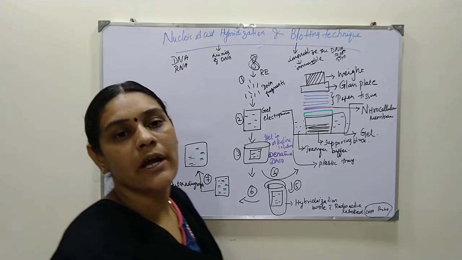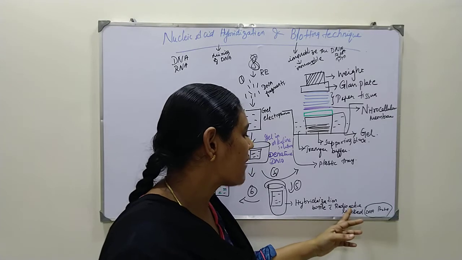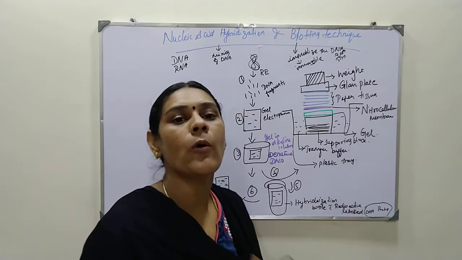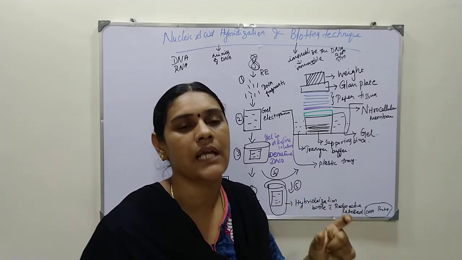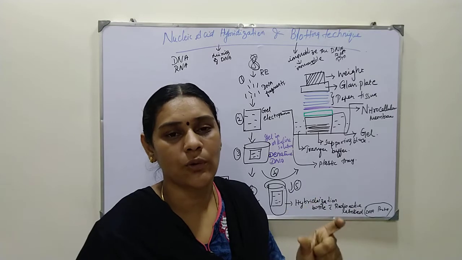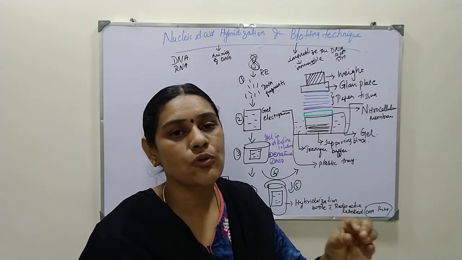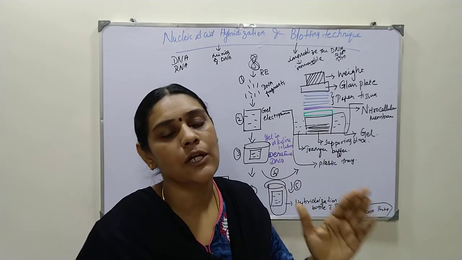A DNA probe is a DNA of known size, for example 2000 base pairs, and it should be labeled with a radioisotope.